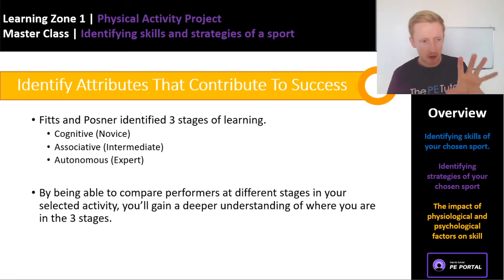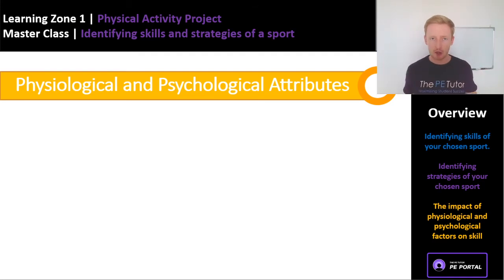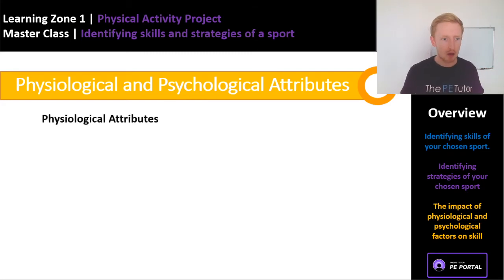So what we're going to do is look at some ways physiology and psychology can differ and how you can drop some of these terms in conjunction with your grading language that we've just been doing. Things like accurately, consistently, efficiency, economically. So some physiological attributes that can determine people's level: strength.